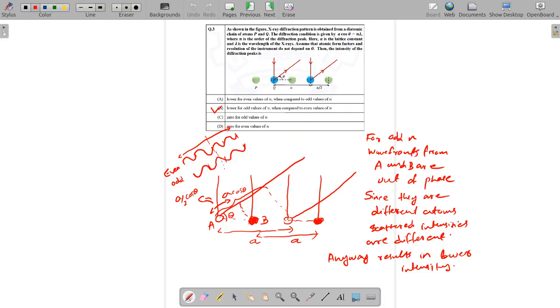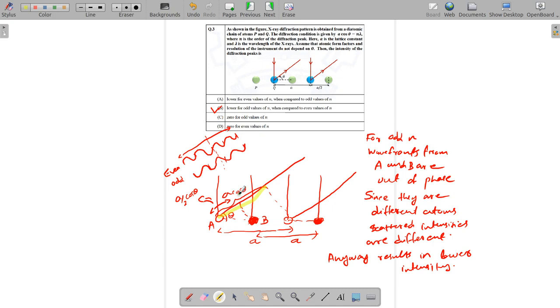Now if you take this kind of setup, this length is a, from A to the next same kind of atom, and also from B to the next B. This much distance is the path difference between the wave diffracted from this atom and this atom.